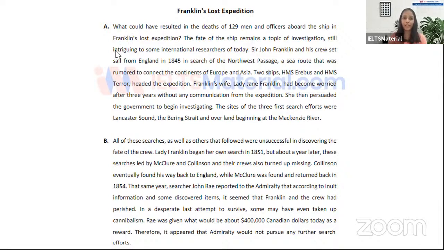If you read this passage, you can clearly see that they are talking about Franklin, who is lost in the expedition, and there are certain search efforts to find him. If you just skim through it, you'll get the general idea. Similarly, you can also read the next passage. I'll give you some time to go through the passage, and then we'll move on to the next passage.